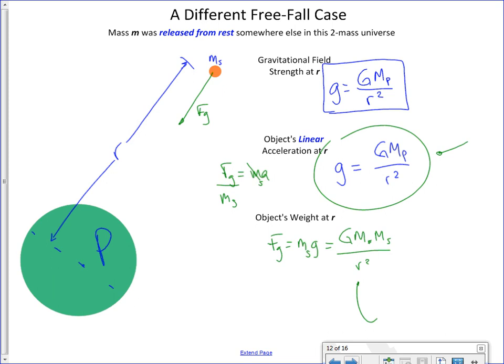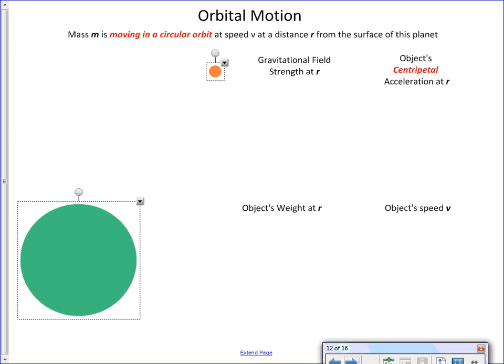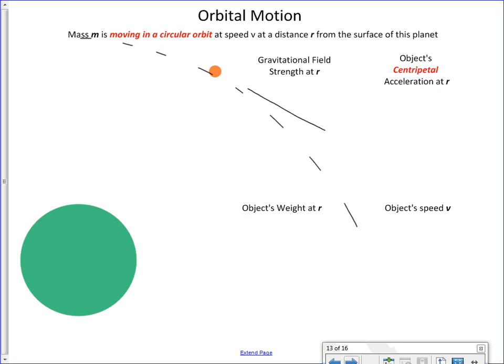Okay, now let's look at a different case. Forget having this object just released from rest. Let's say that this object is moving in a circular orbit at a speed v. It doesn't matter what direction it's moving, so we'll forget about that.